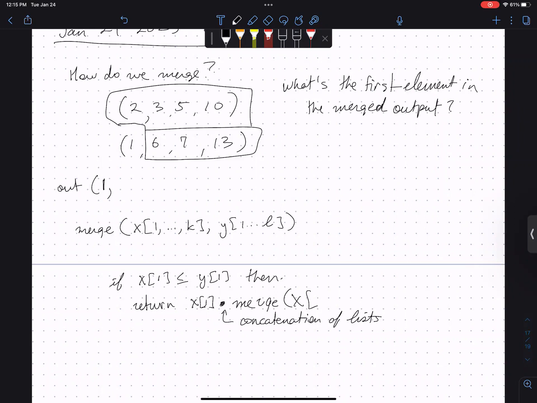We want to cut it from the list. So x2 to k and y1 to L.